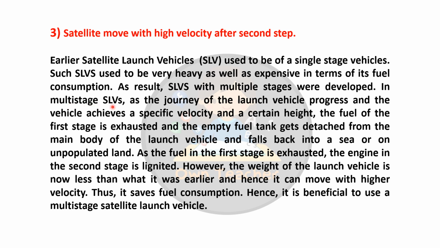In multi-stage SLVs, as the journey of the launch vehicle progresses and the vehicle achieves a specific velocity and a certain height, the fuel of the first stage is exhausted and the empty fuel tank gets detached from the main body of the launch vehicle and falls back into the sea or on unpopulated land.